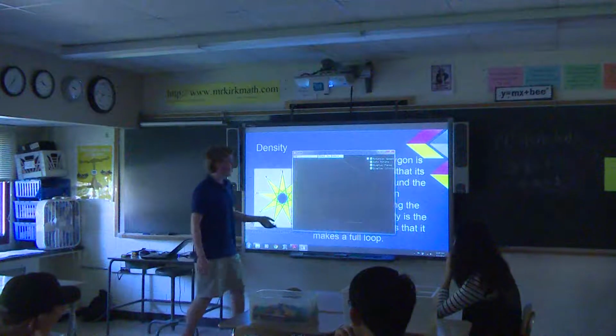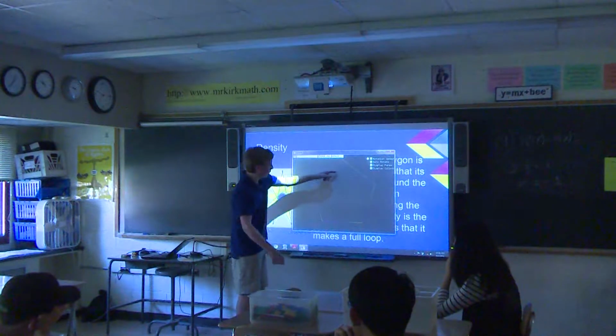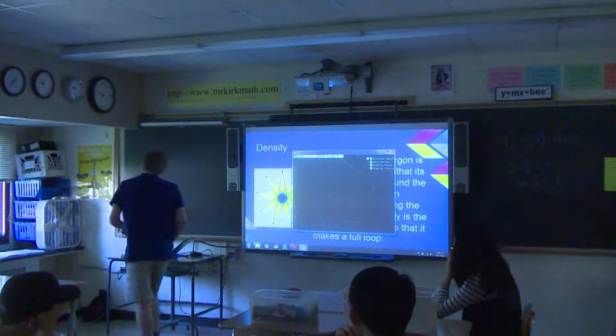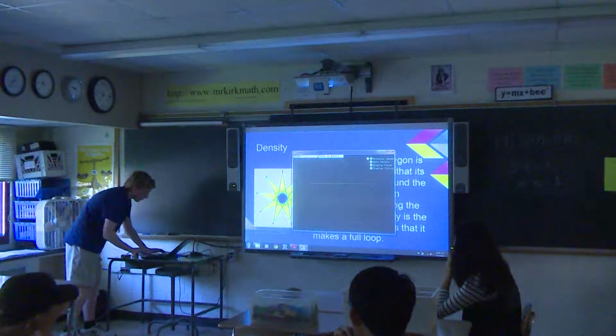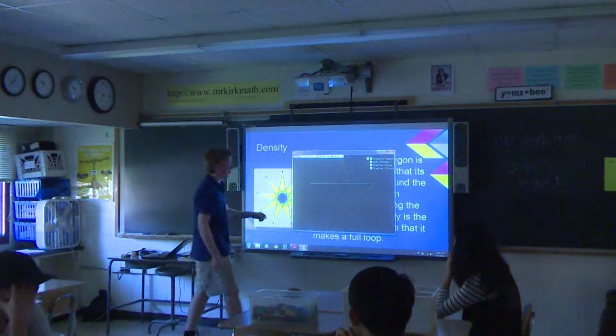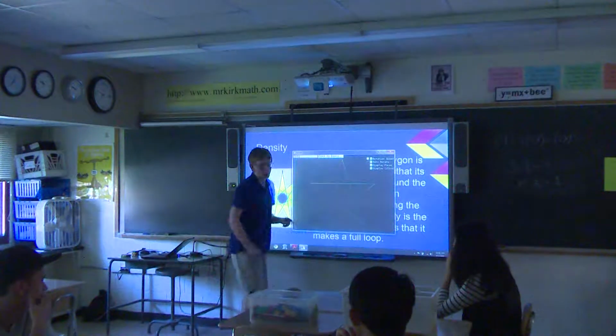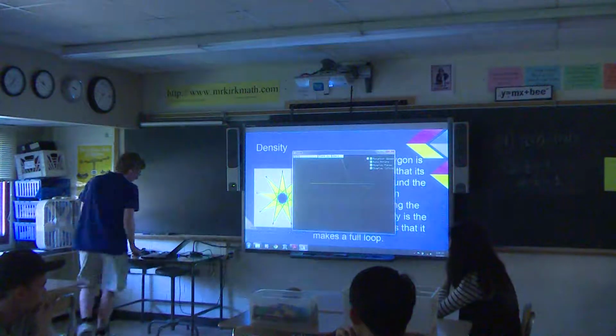So this one is convex because for any 2 points in here I pick, the line segment's always going to be inside of it. To contrast, the pentagram here is not convex. If I pick, say, this point and that point, the line segment goes outside of the figure right there. So that's what we mean when we say something is convex.